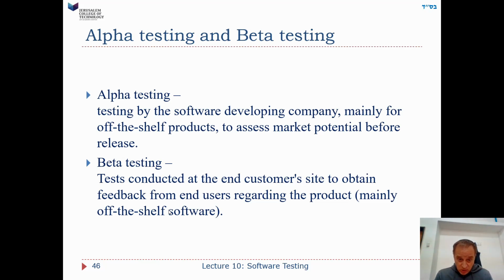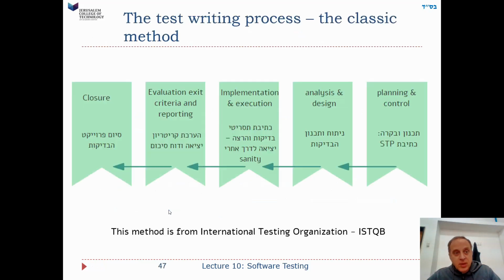So we give it to a small subset of the potential clients or customers, and we get feedback from them regarding the product. Again, this is mainly for off-the-shelf software, in other words, not contracted software. So a beta tester is simply a user who uses something before it's officially ready, and he's supposed to report back his opinions and what he found fault with. So that's human testing.